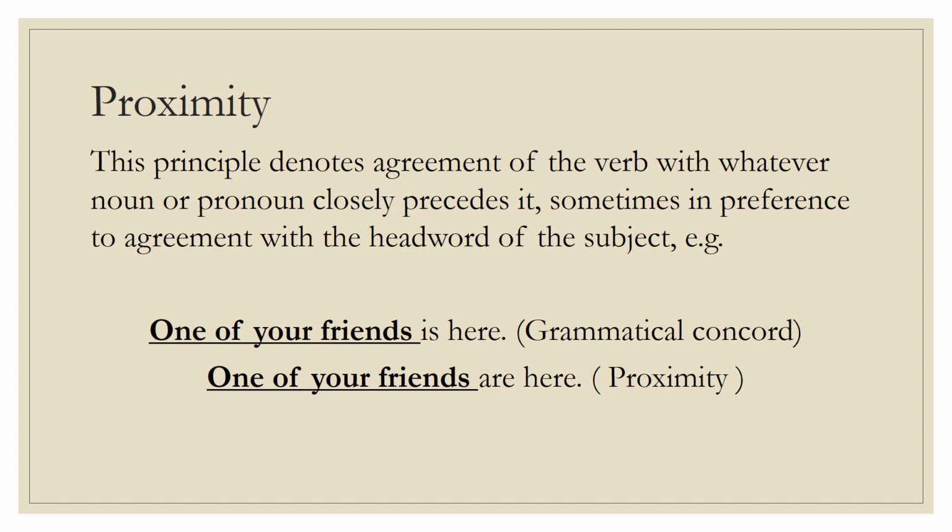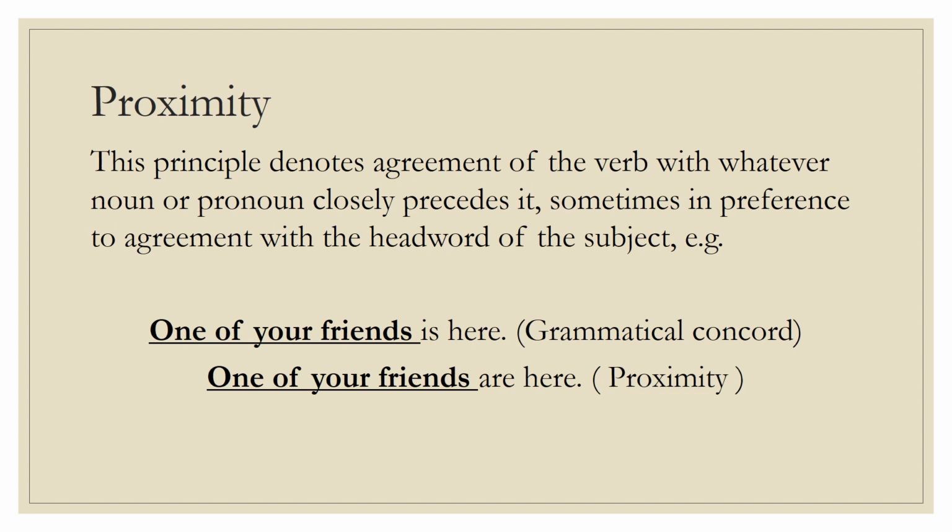For example, when I say one of your friends is here, the phrase that is making the subject is one of your friends. The main word here is not friends, but it is one. Is it clear? So not all the friends are here.